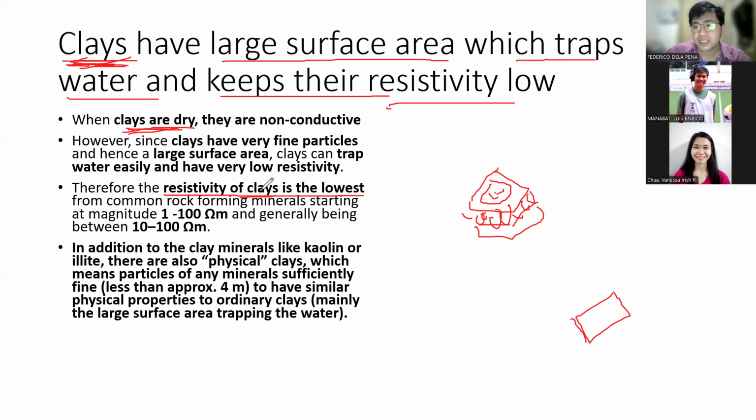And these soils and rocks which have clays will generally have lower resistivities. Okay, right? Clay soils, for example, will have resistivities in the range of 1 to 100 ohm meters, or generally within 10 to 100 ohm meters.